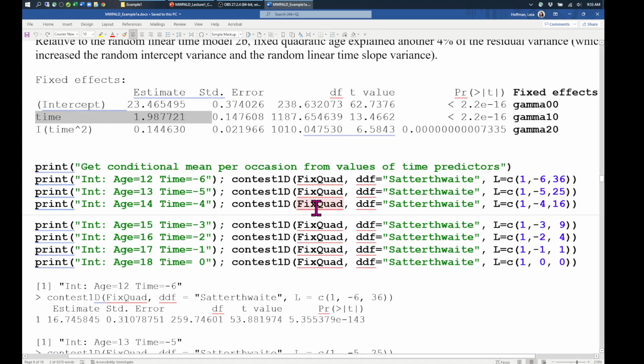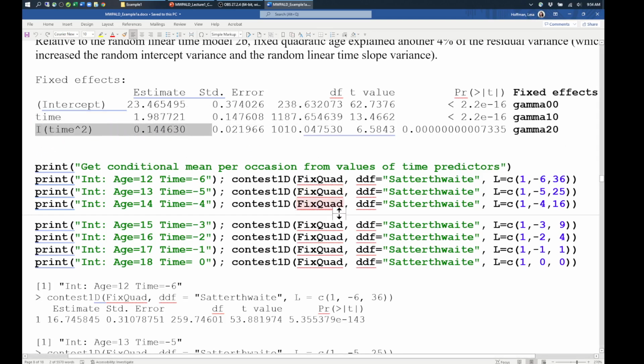What's that? It's per year, but at age 18 also. Because of the quadratic, it's also conditional. So it's the slope at 18 specifically. This way, right? That better? Okay.